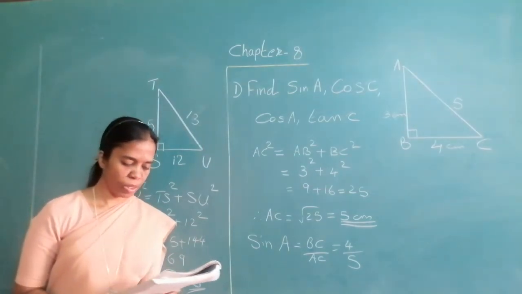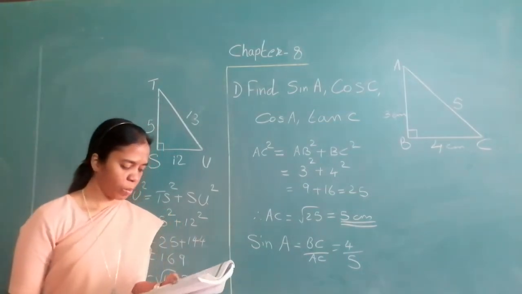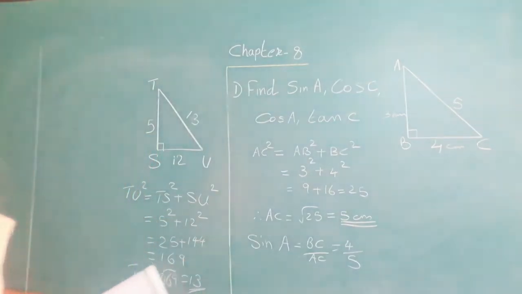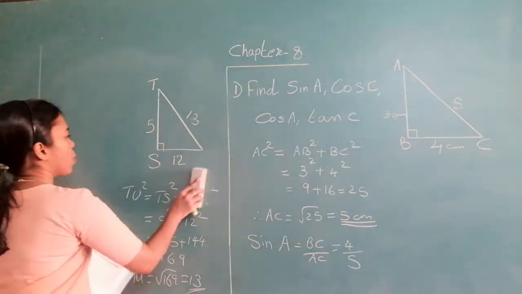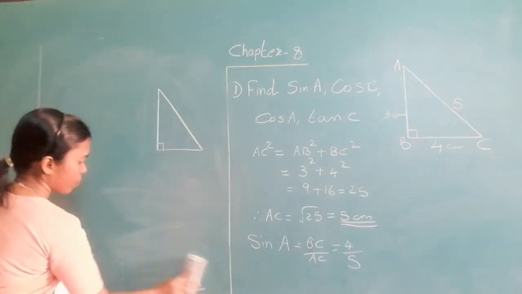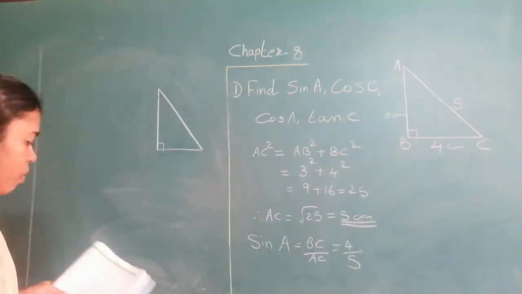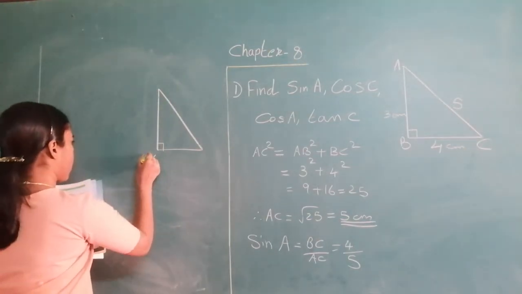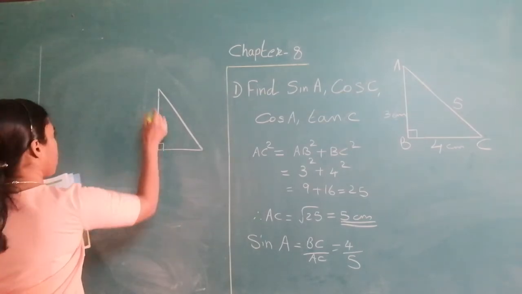Similarly, question number 3. What is in question number 3? In a right angle triangle XYZ. Now the triangle has changed into XYZ. Okay, X is 90 degree.